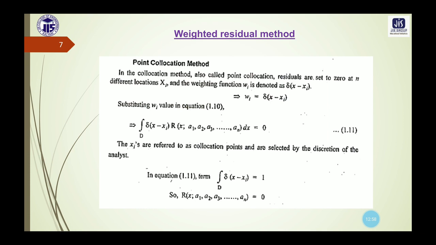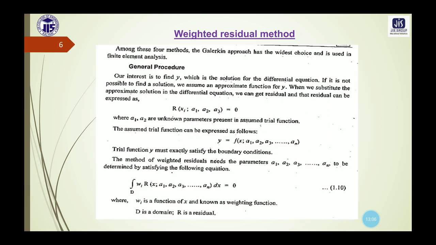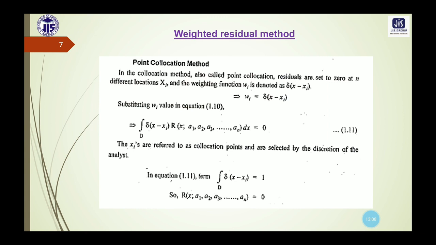So that means Wi is equal to delta into (x minus xi). Now substituting this value Wi in the earlier equation, that means in equation 1.10, we are getting equation number 1.11. Now here these xi's are referred to as the collocation points, and these are actually selected at the discretion of the analyst.